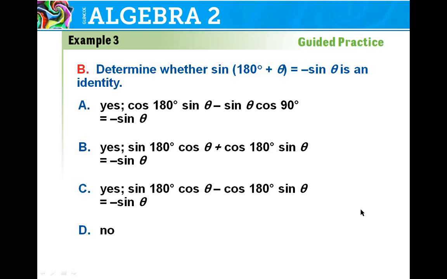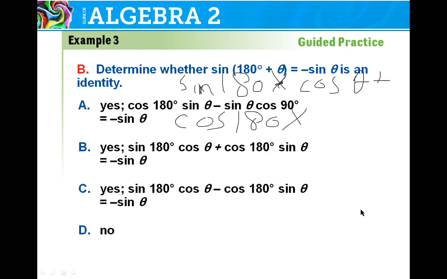So we have sine 180 times cosine theta plus cosine 180 times sine theta.